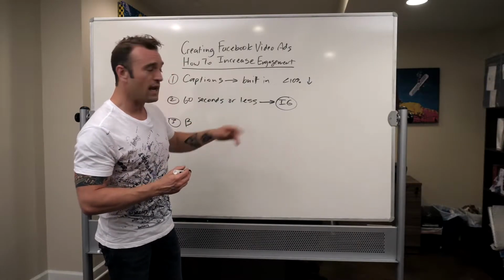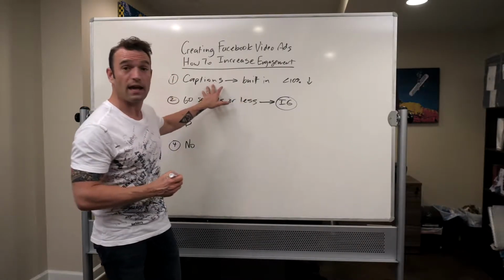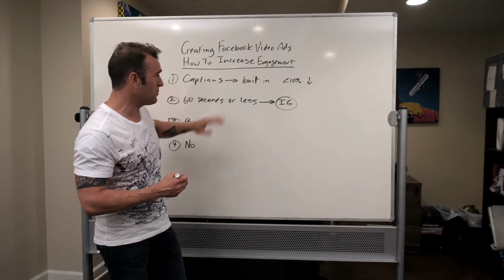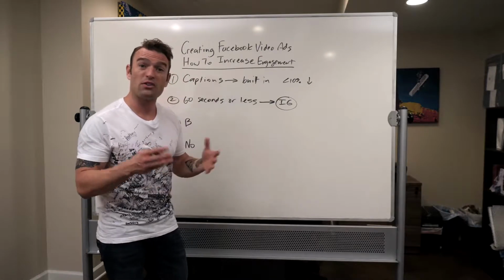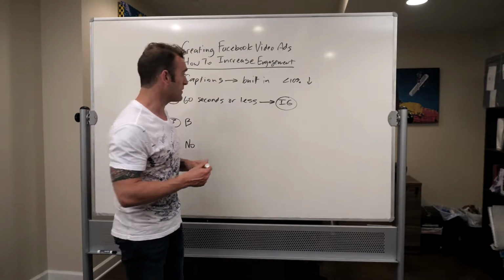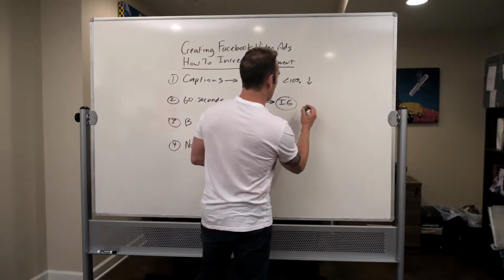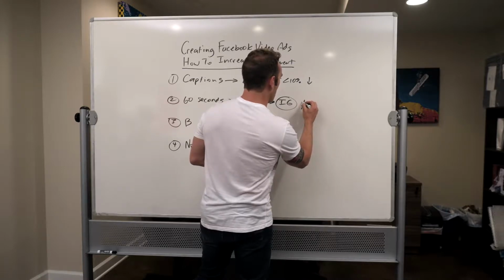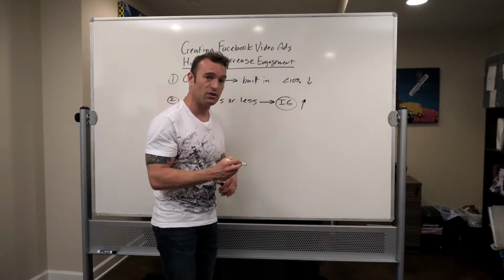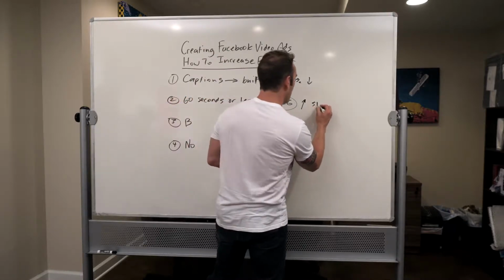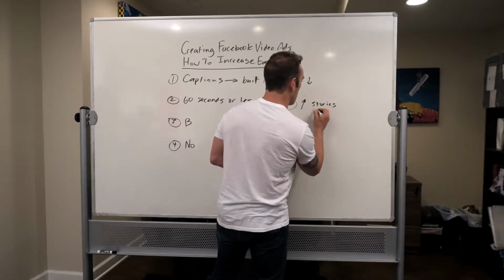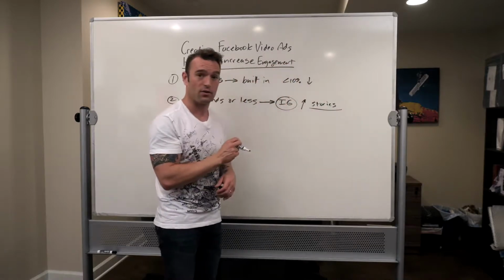Now, what Facebook's data is showing us, which is a little bit different than what they see in the Facebook platform, is they actually measure the data separately, and we get these reports from our internal Facebook reps, which is why we know this information. So on Instagram, the engagement of audio on is substantially higher, and the engagement of video in Instagram is substantially higher, especially when you're using the stories section inside of Instagram.